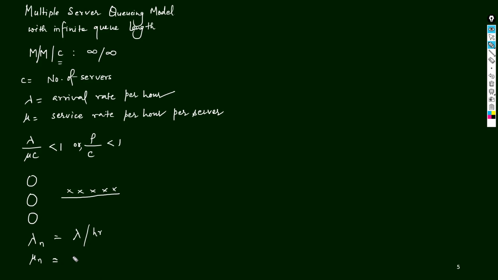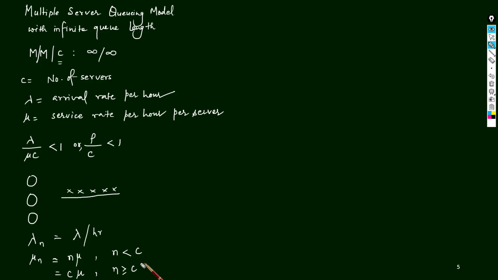As we have seen, if the servers are C, it will be mu C. But if there are n customers, it will be n into mu when n is less than C, and C into mu when n is greater than or equal to C.